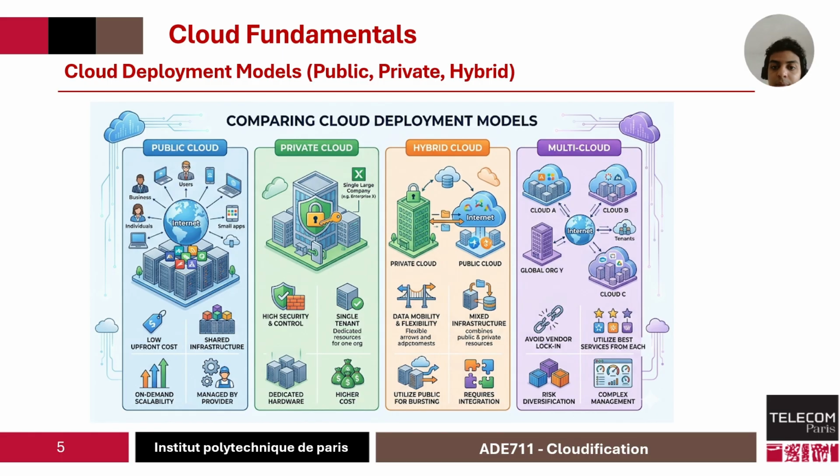And the fourth one is multi-cloud, and this is a very important one because thanks to this model, you can avoid lock-in. So what does lock-in mean? Let's take an example. You are a company and you subscribe to a service with a provider, for example, AWS.